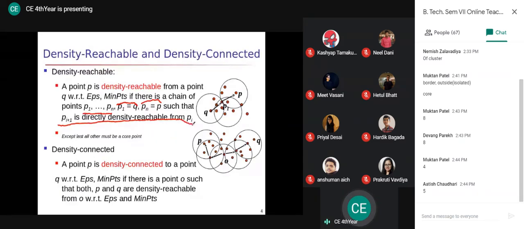So I'm giving you some time, just read this definition once again, and let's assume n is equal to 10, right? So just reread the definition and try to answer the question. Whenever I want to apply this concept, then minimum how many core points are needed?